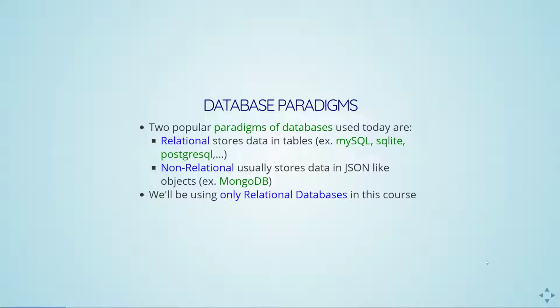This includes stuff like MongoDB, and they give up the ability to form more complicated associations between data, and what they gain in return is a certain amount of performance. These databases generally excel at being able to pull stuff really fast from your database. For this course, though, let's forget about that. We'll only be using relational databases.